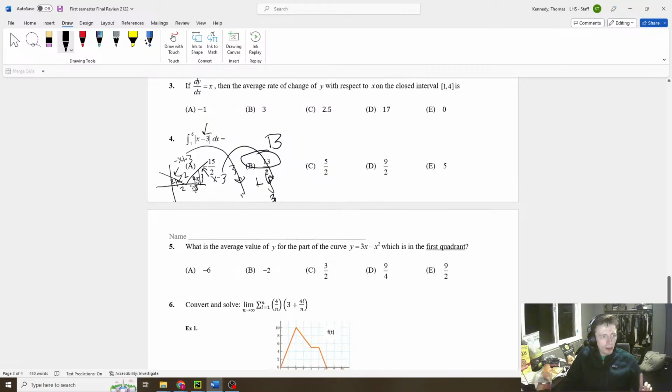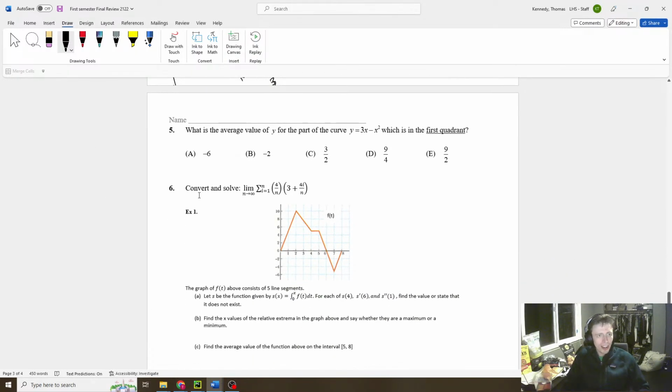All right, I'm going to go for question 6. Convert and solve. Okay, a few different ways to do this one. First way. For any of the ways, that's an integral sign. This thing is your dx, and this thing is your f of x.